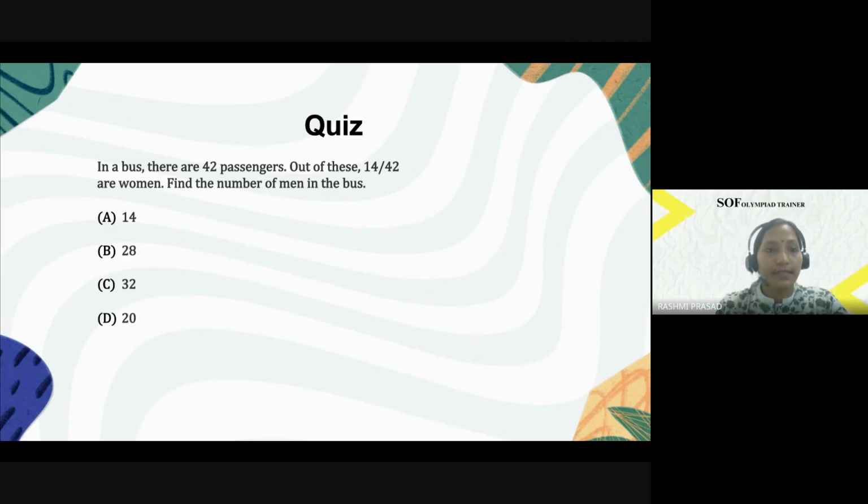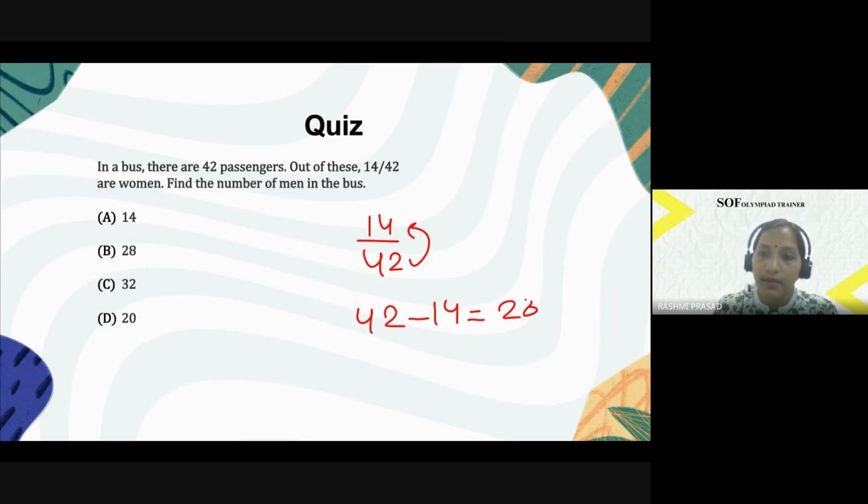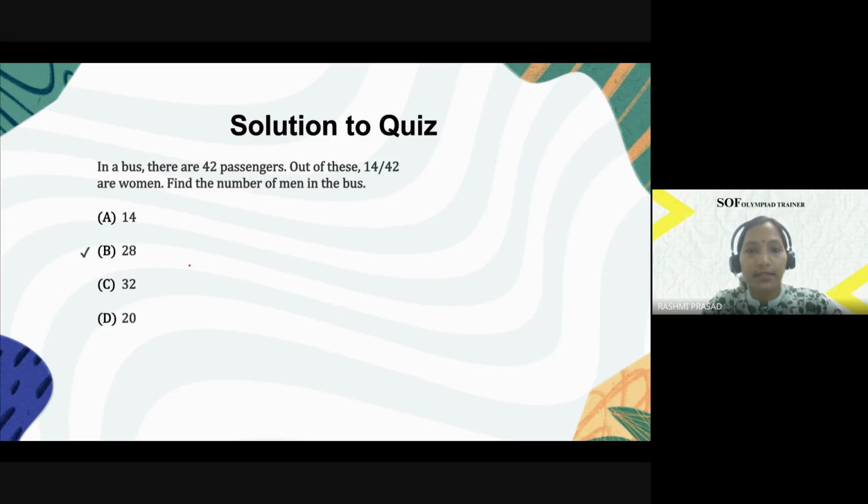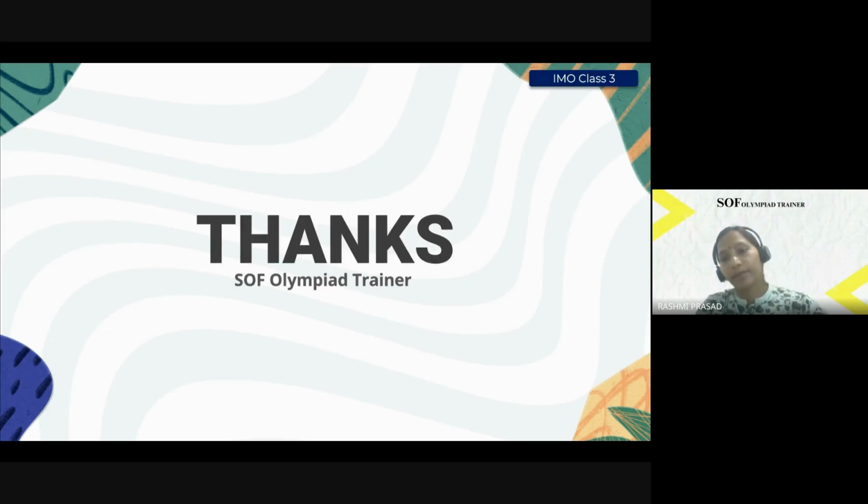Fine, you guys are telling correct. It's 28 because it says 14 out of 42 are women. So if 14 are women, then the men will be 42 minus 14, which is 28. So yes, those who have given answer B, it's absolutely correct.